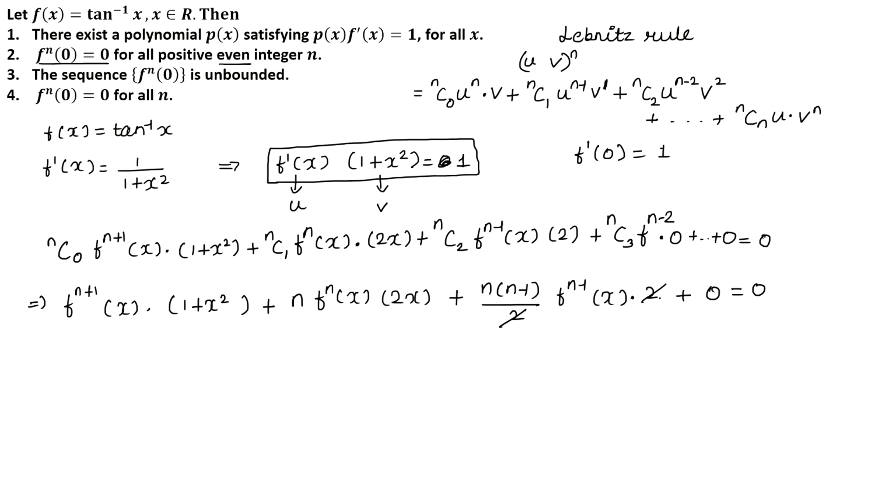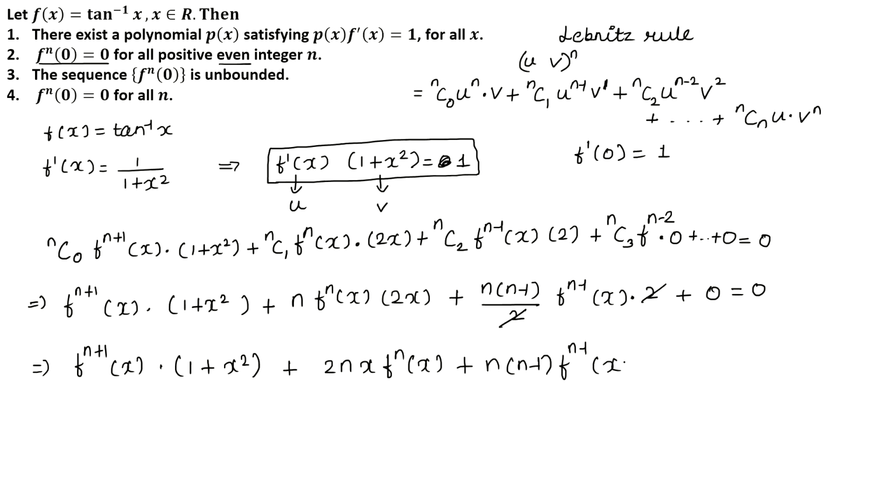The 2 gets cancelled, and therefore we have f_{n+1}(x)(1 + x²) + 2n x f_n(x) + (n−1) f_{n−1}(x) = 0.